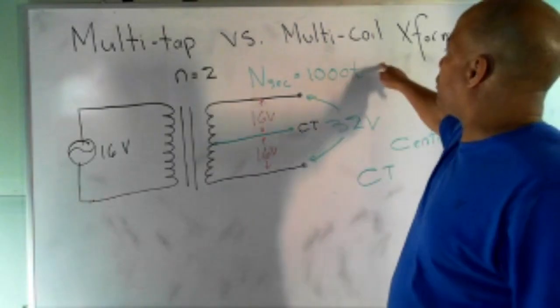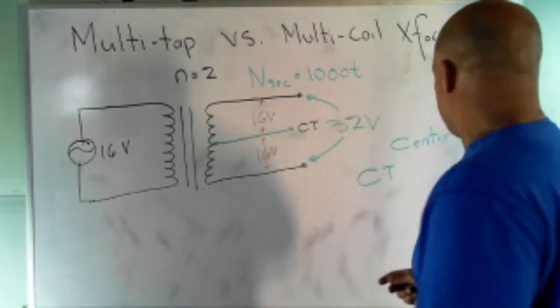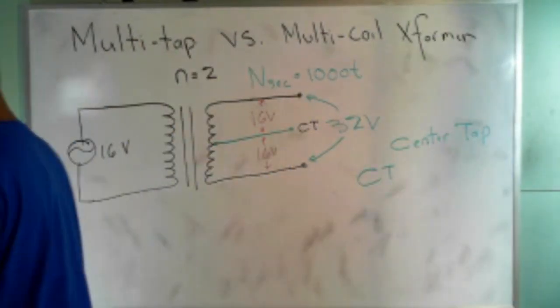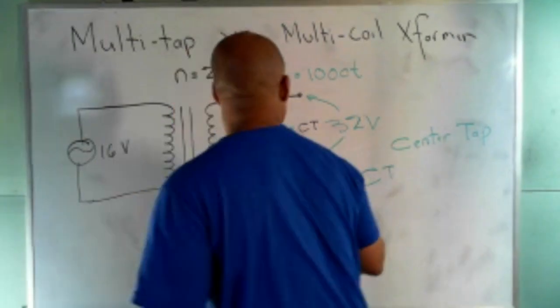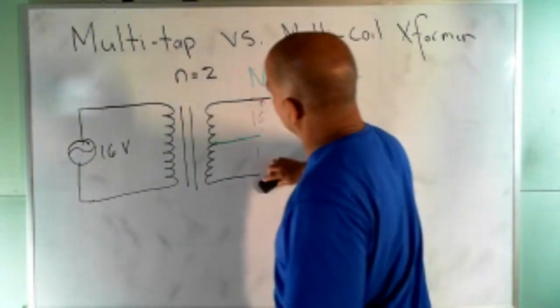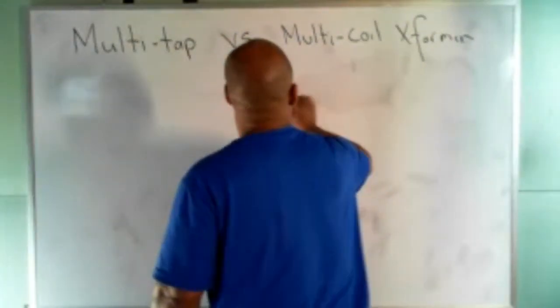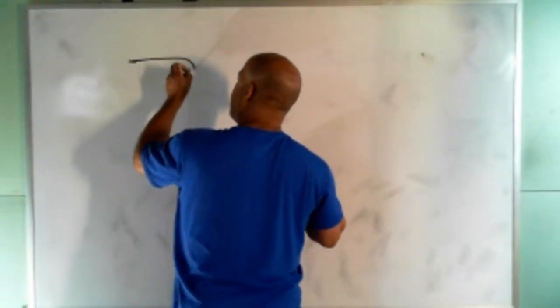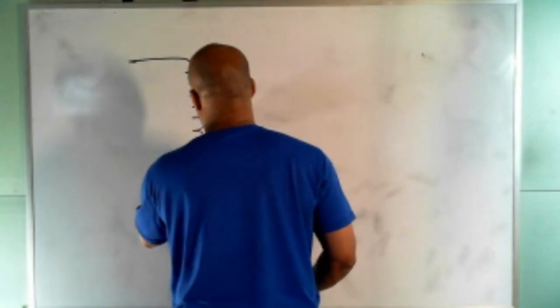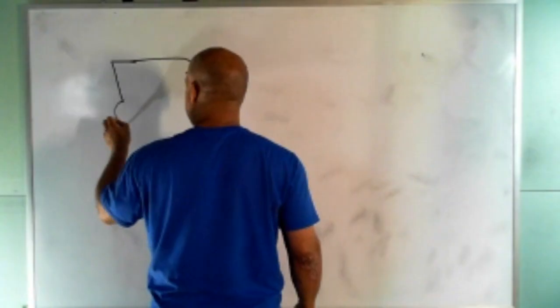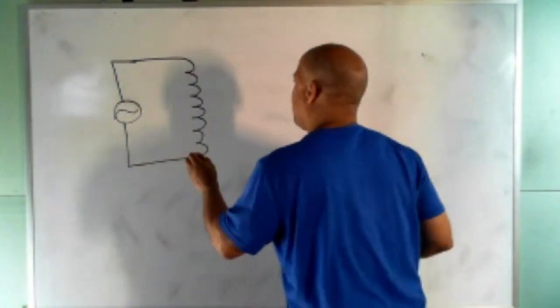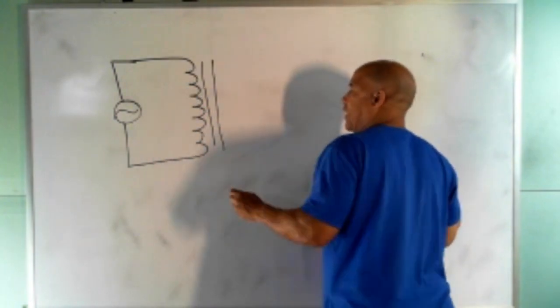Well, how does that compare to a multi-coil transformer? What does that look like? Let me show you. A multi-coil transformer: you have a primary coil, but you can have 2 or more secondary coils.